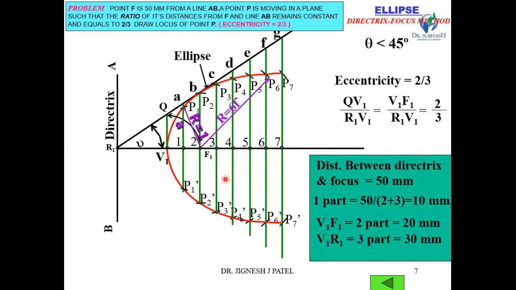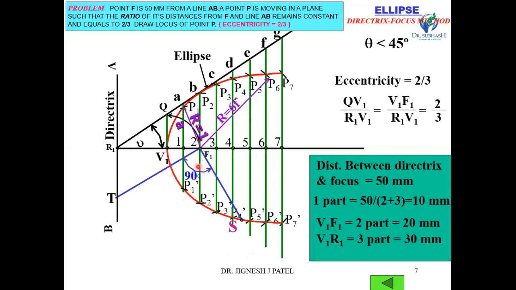Now how to draw the normal and tangent at any point of this ellipse? To draw a normal and tangent at a point S on the ellipse, first join this point S with focus F1. From F1, draw one line perpendicular to this line SF1.